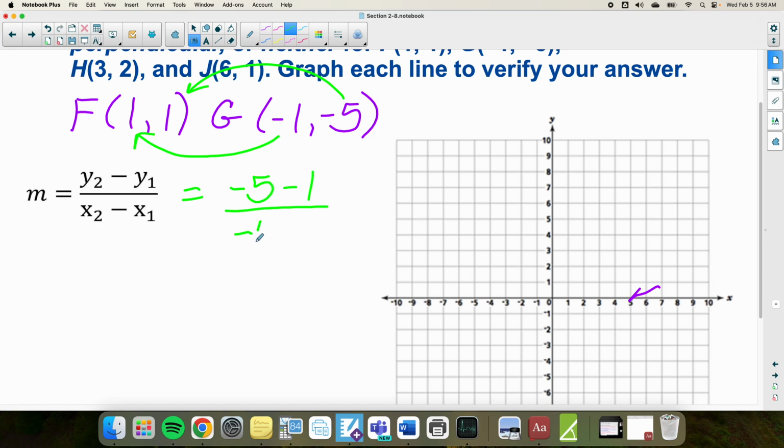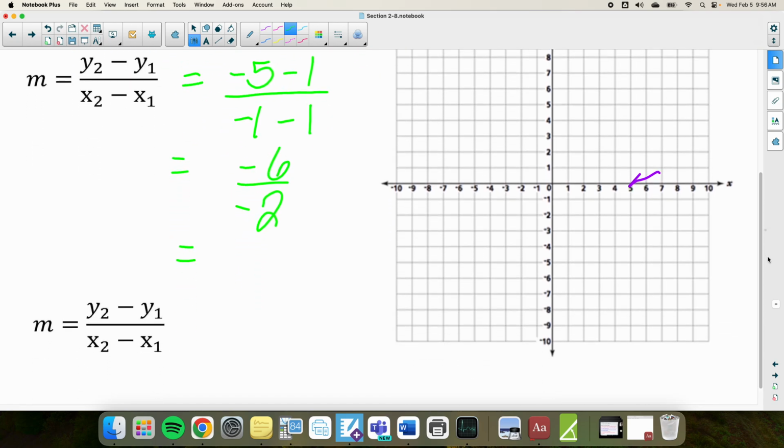So it's negative 1 subtract 1. Okay? Now, negative 5 minus 1 is negative 6. Negative 1 minus 1 is negative 2. Negative 6 divided by a negative 2. What do you think that reduces? It's a positive 3 or 3 over 1. Either one is fine.